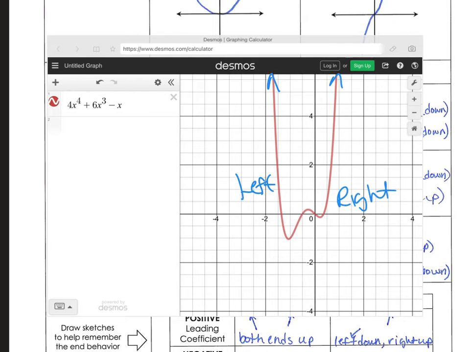On the right side, our y values, or f of x value, is approaching positive infinity. So it's going up. Positive infinity means up. On the left side, f of x is also approaching positive infinity, or going up. So both ends are pointing up.